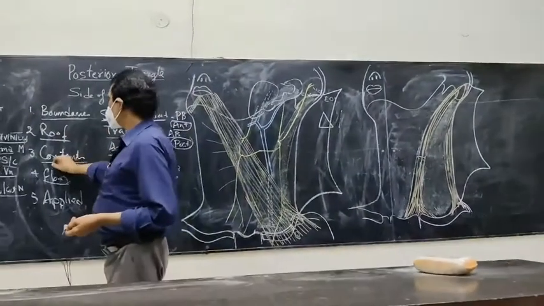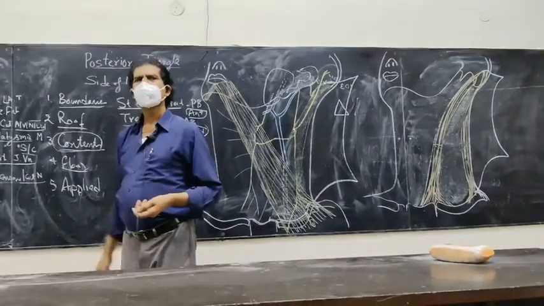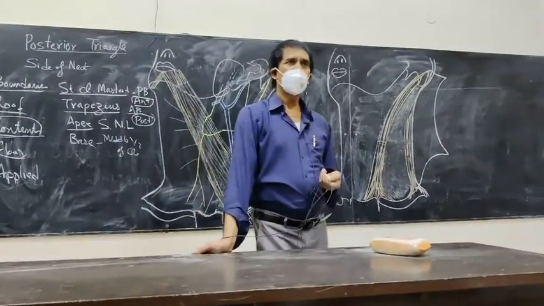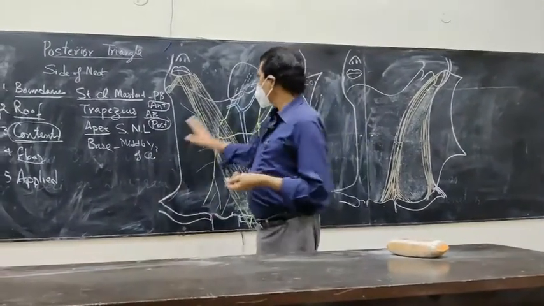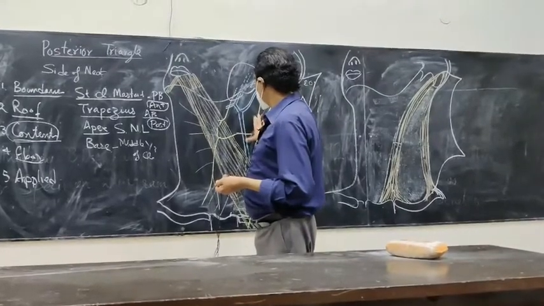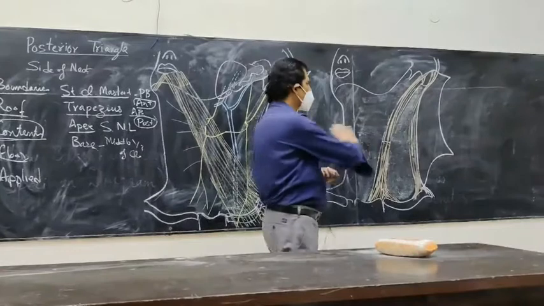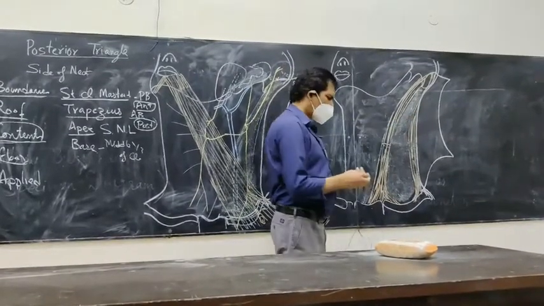Now we have to see the contents. In order to see the contents, we have to remove the roof. So we have removed the skin, and the superficial nerves and the external jugular vein.